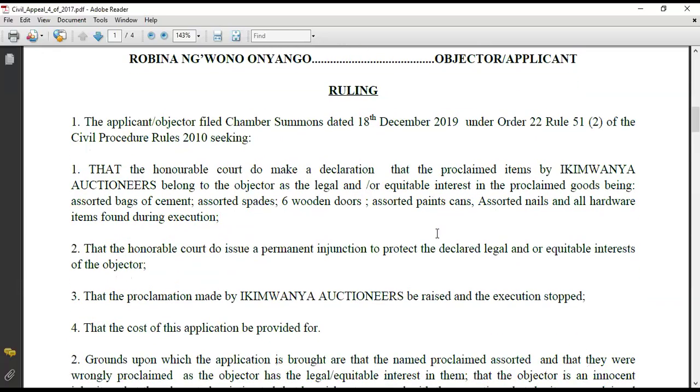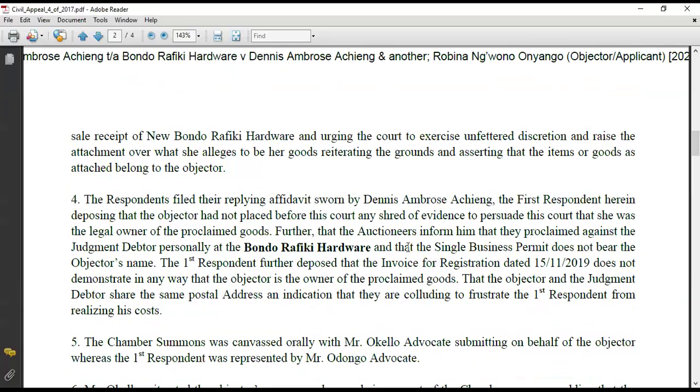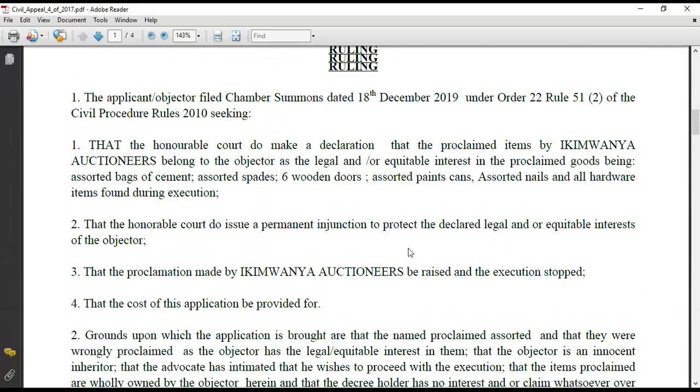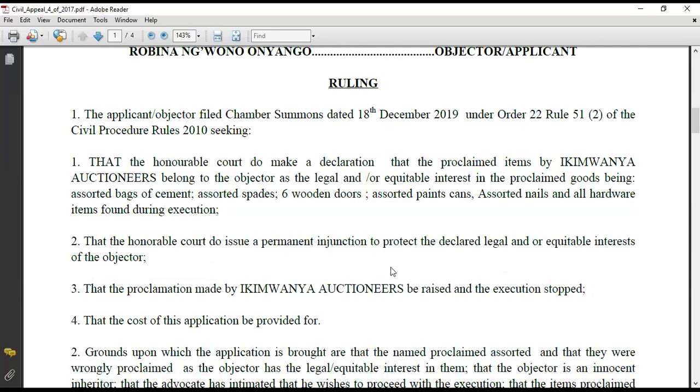So what are your prayers? You can be told to draft. So what are their prayers? That the Honorable Court do make a declaration that the proclaimed items by the auctioneers belong to the objector as the legal and equitable interest. So in this case, the objector was Robina Ngongo Onyango.